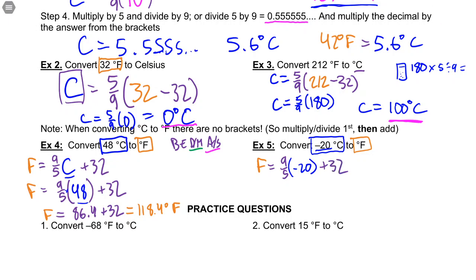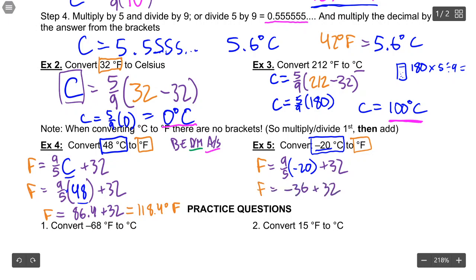And 9 divided by 5 times negative 20 is negative 36. So F is negative 36 plus 32. You put that into a calculator, and you get negative 4 degrees Fahrenheit. So negative 20 degrees Celsius equals negative 4 degrees Fahrenheit.